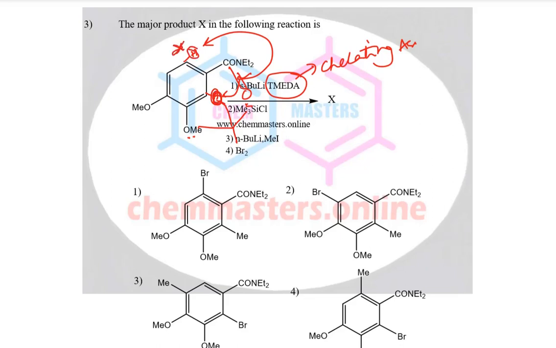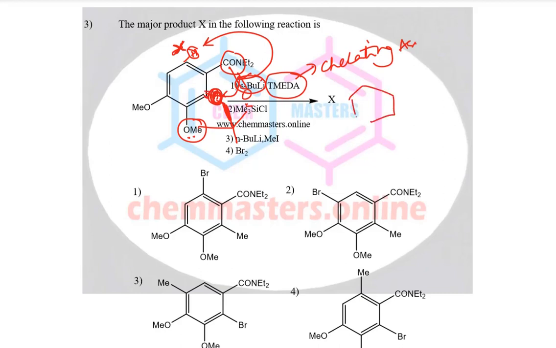So this is a deep concept involved in this problem. Due to the chelation with this methoxy oxygen and amide carbonyl oxygen, secondary butyl lithium only delivers this way, so it can abstract this acidic proton only. And that's why here is a negative charge.